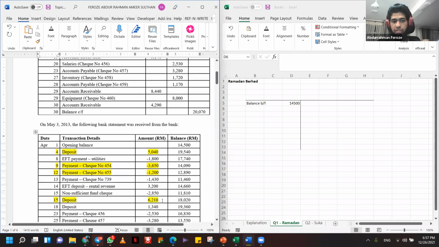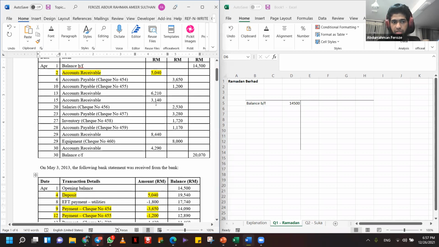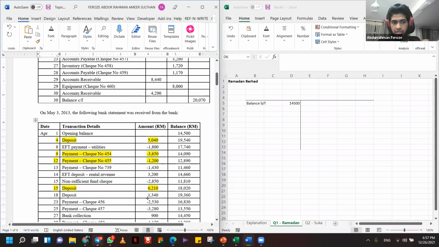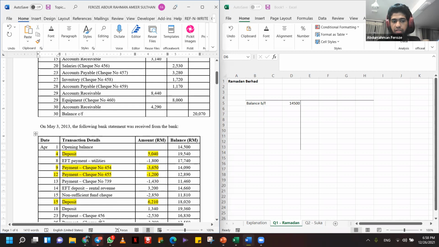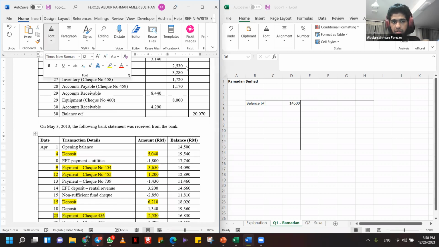Then we have a deposit of 1,340. Do we have it? No, we don't, right? And then we have the payment of check 456, which is 2,530. This is there on the cash book over here, right?